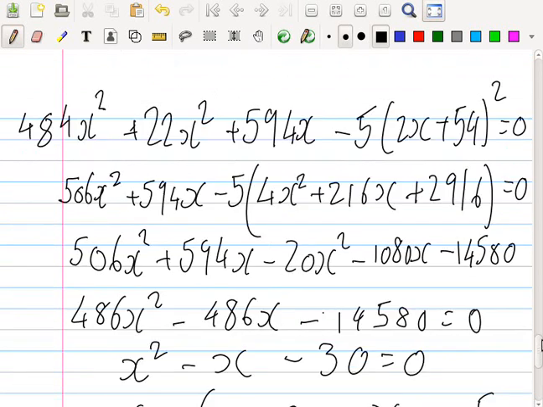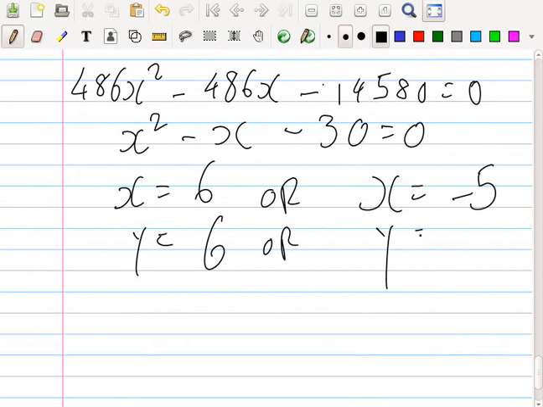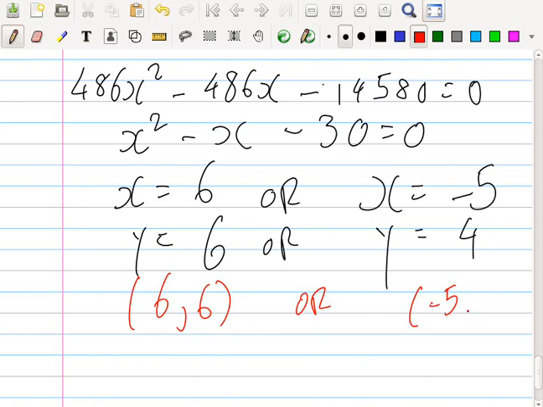And then if I put in minus 5, 2 divided by 11 times minus 5 plus 54 over 11, that gives me 4 as the answer. So my answer is 6 and 6, or minus 5 and 4.